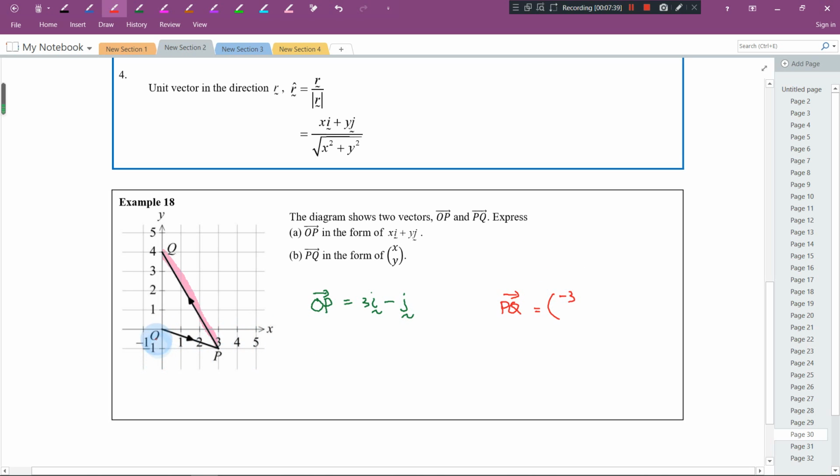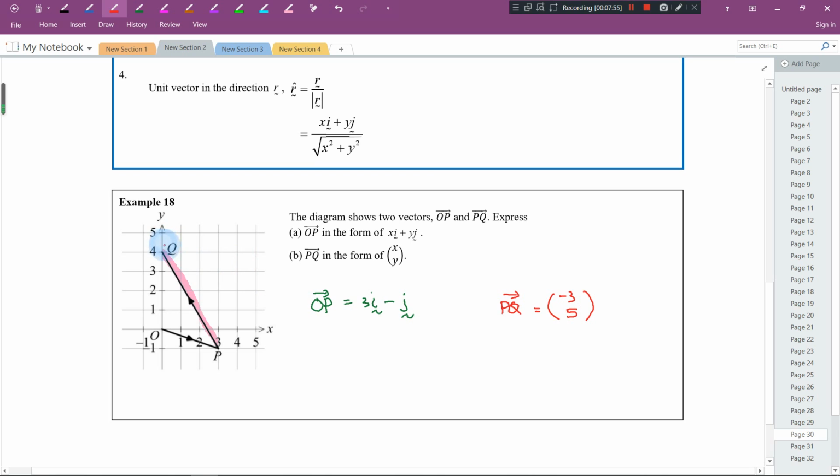Then go up. 1, 2, 3, 4, 5. Go up, we use positive, so 5. You don't have to write j, so people know that this is for i, this is for j. So this is -3, 5.